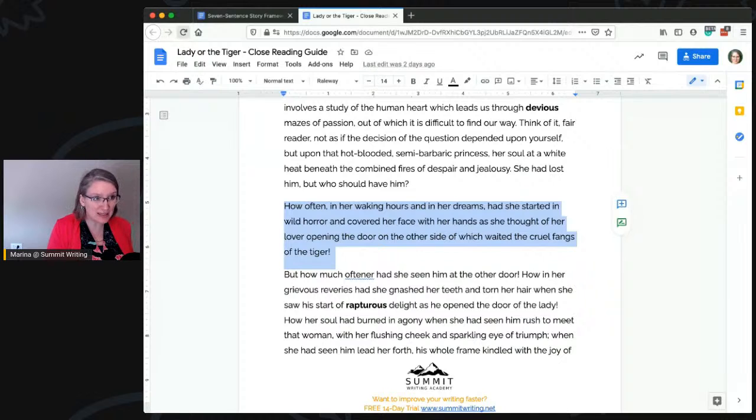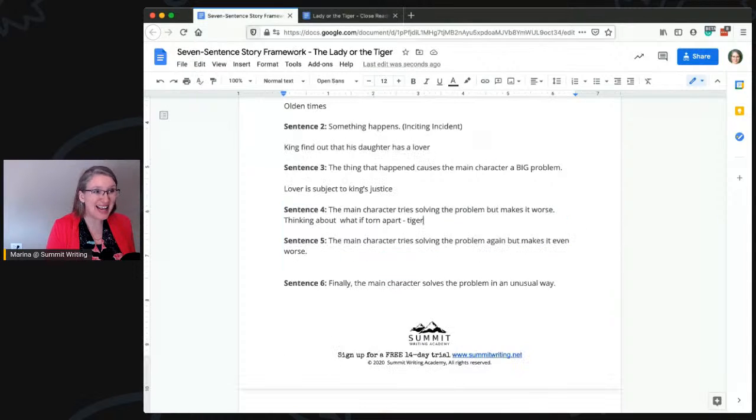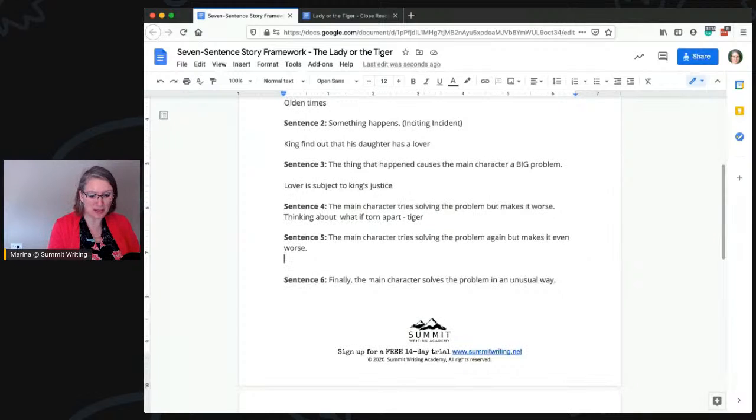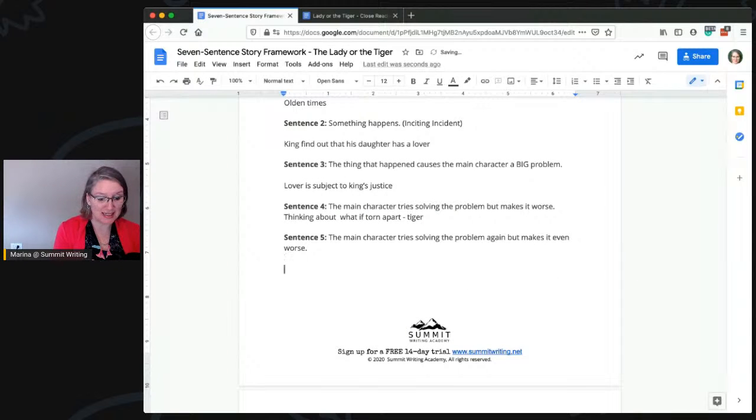So she is wrestling with this decision. But then she thought it's probably worse if he gets the lady. So she is thinking about lover with other lady.